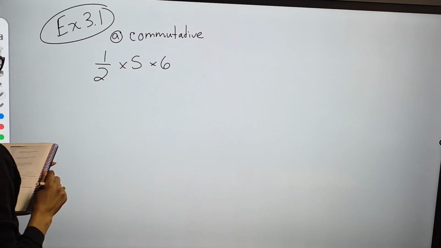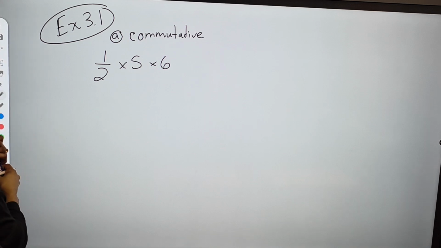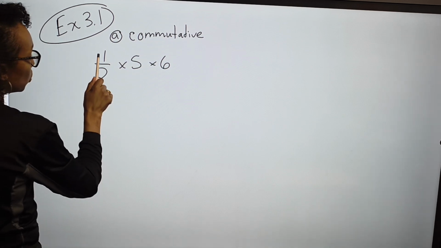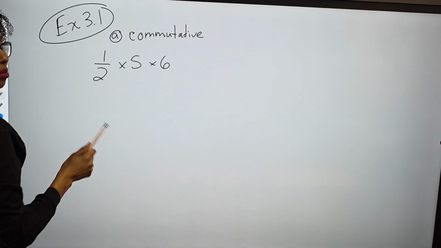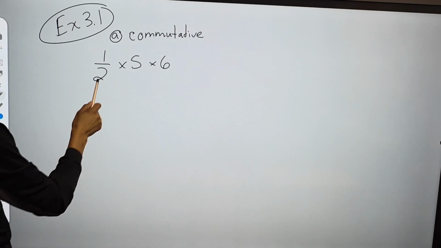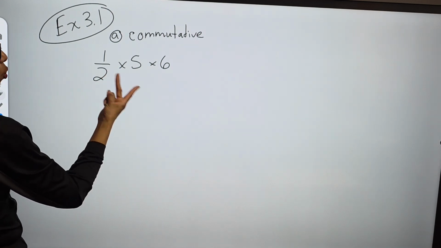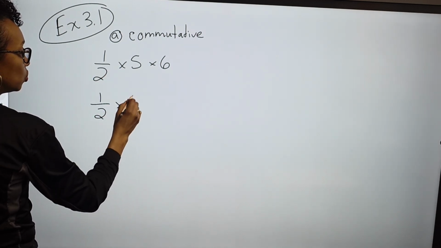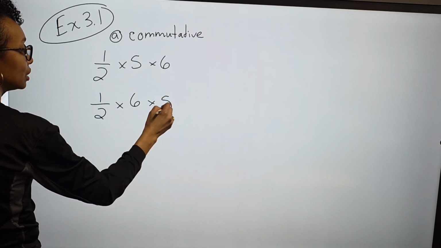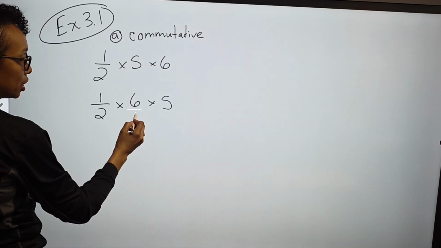So with the commutative property, instead of having to do 1/2 times 5, which is not going to be as easy to do because we can't cross cancel, we are able to change the order and say, well, I really would prefer to do 1/2 times 6, because then I'd be able to put the 6 over 1.